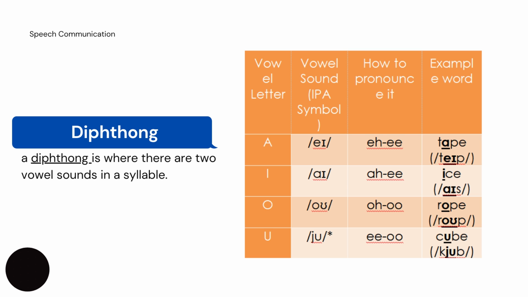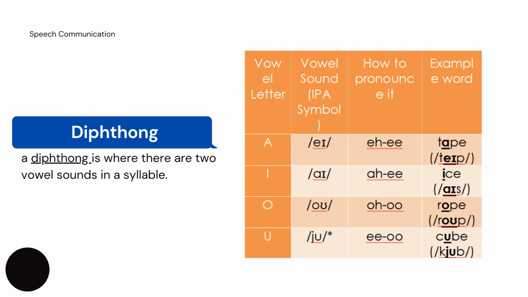It's a combination of the vowels E and I. We also have the word ice, a combination of A and I. And then we have rope, a combination of O and U. And then we have the cube, a combination of E and U. So cube, this pronunciation U is represented by the IPA symbol JU because it's pronounced longer.